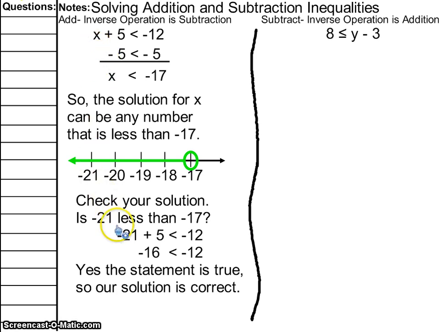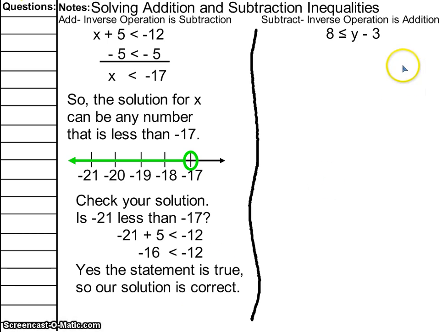Instead of having an x, I'm going to put -21 plus 5 is less than -12. -21 plus 5 equals -16. Is -16 less than -12? Yes, that statement is true, so that means our solution is correct.